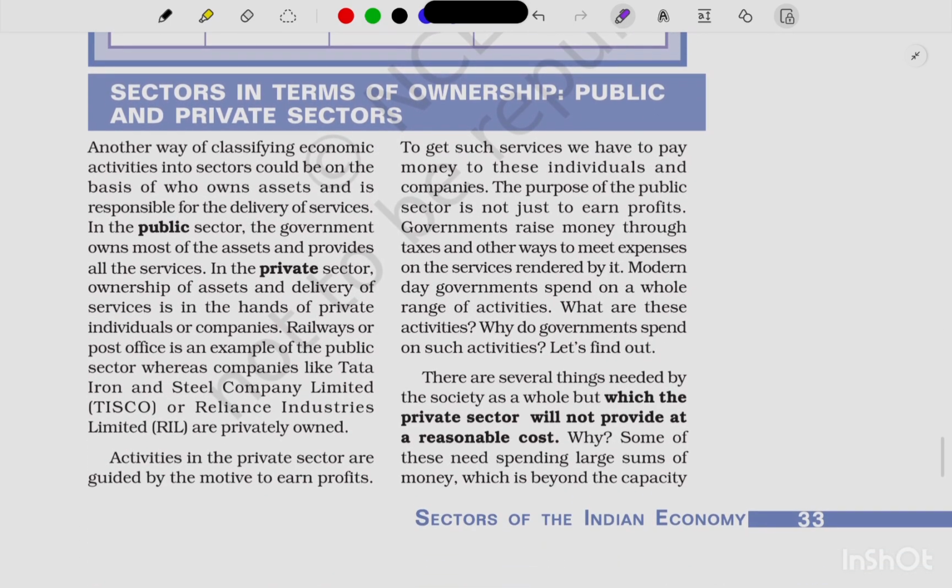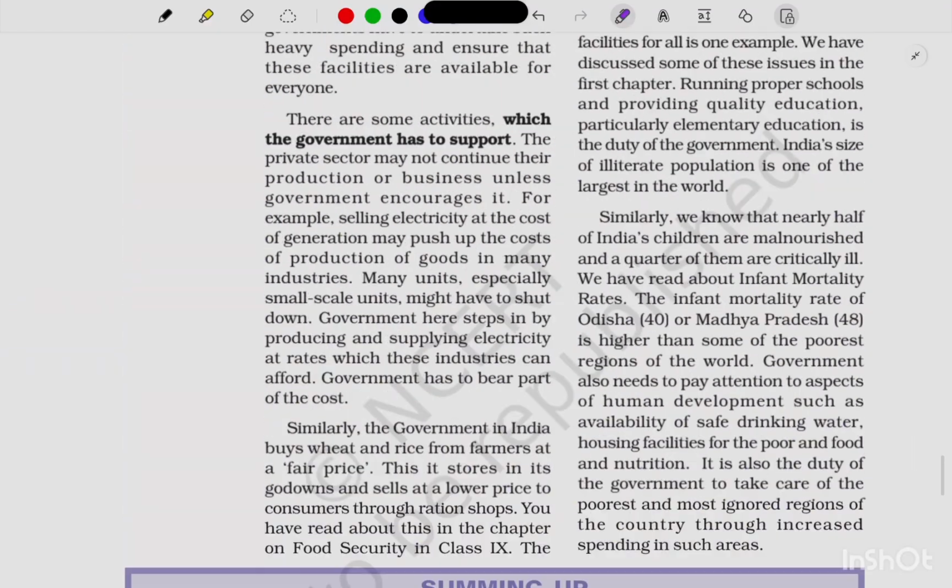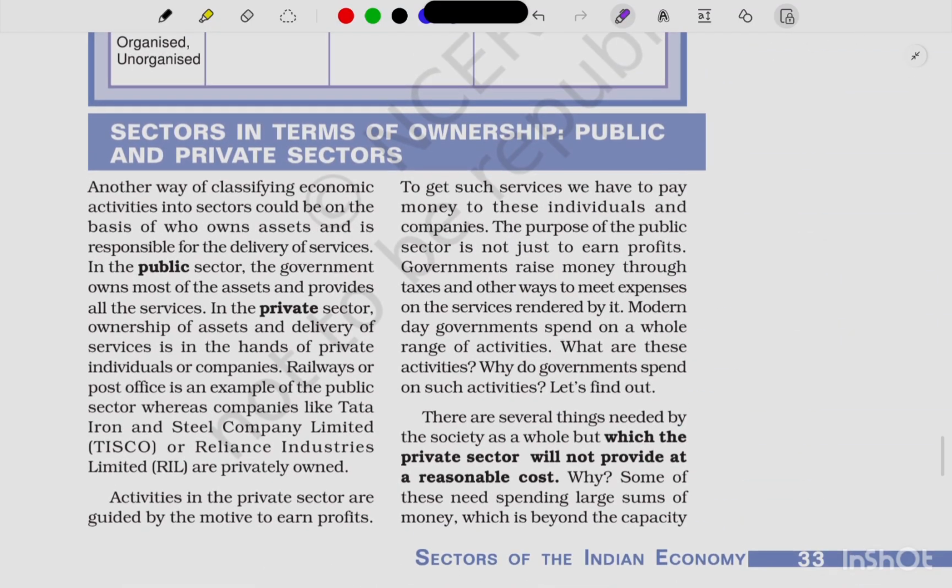So, sectors in terms of ownership: public and private sectors. There's also the joint sector, as I remember it. But anyway, another way of classifying economic activities into sectors could be on the basis of who owns assets and who's responsible for the delivery of services.